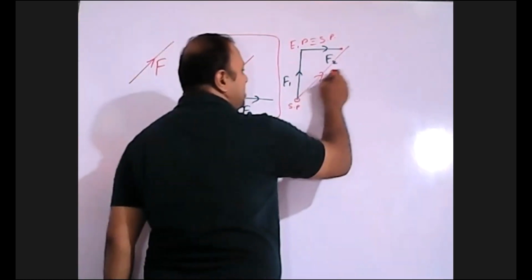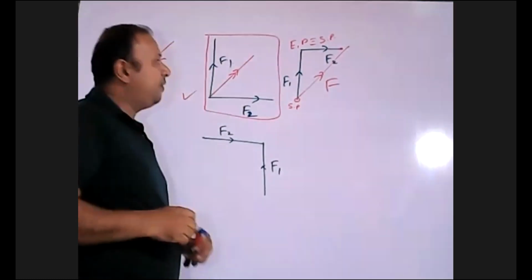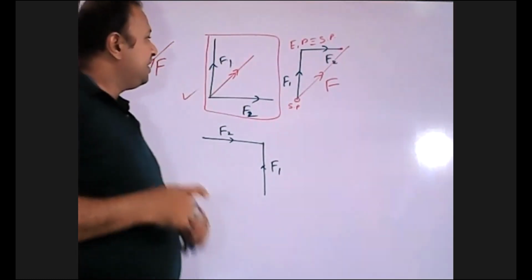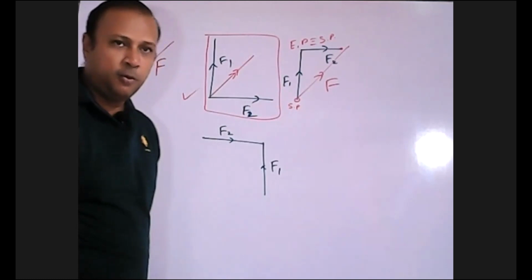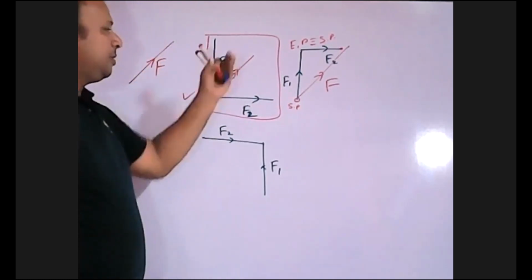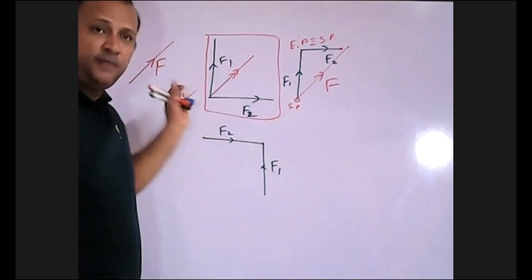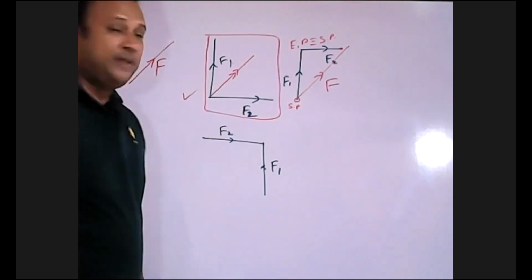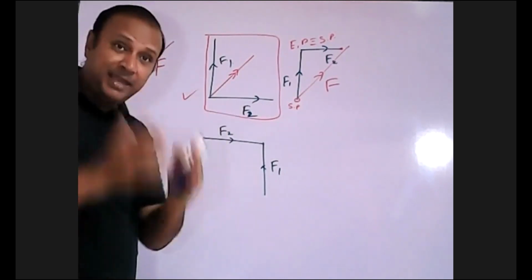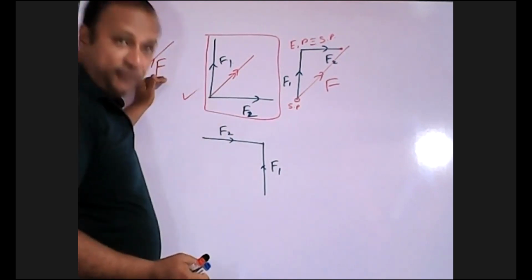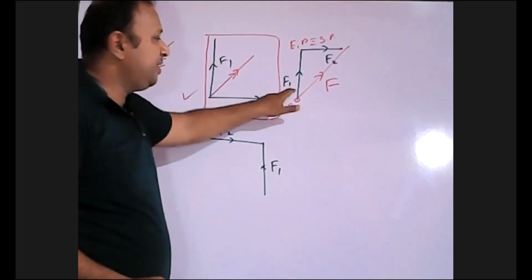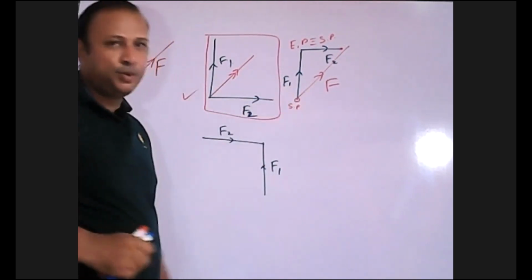Therefore, the addition of F1 and F2 in this case might be in the direction of F. Therefore, we can assume that we can get a force like F by adding this vector system too.